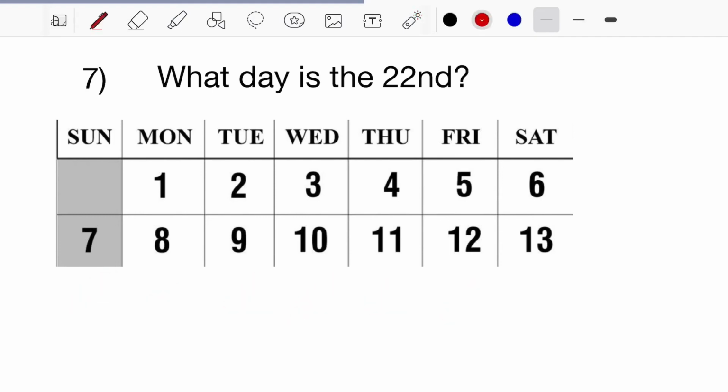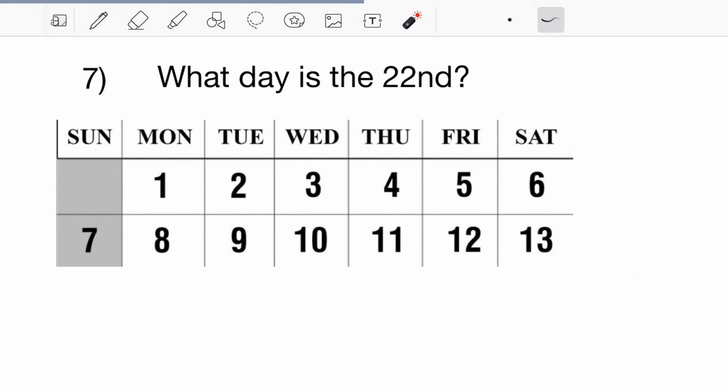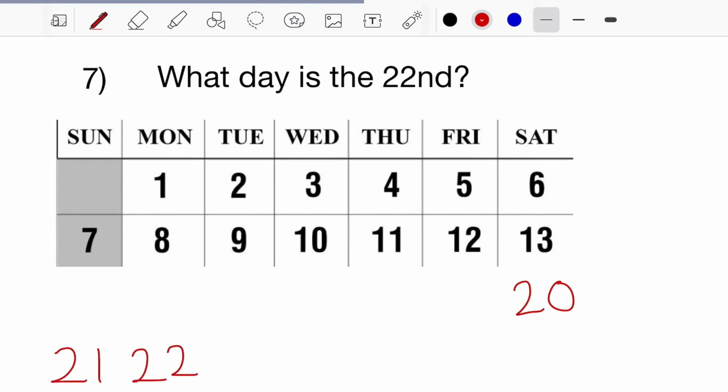What I would do is say 13 plus 7 to find this date. 13 plus 7 is 20. So right here is the 20th. Saturday is the 20th, and continue from here. 21st on Sunday, 22nd on Monday. So what day is the 22nd? We know that the 22nd is on Monday.